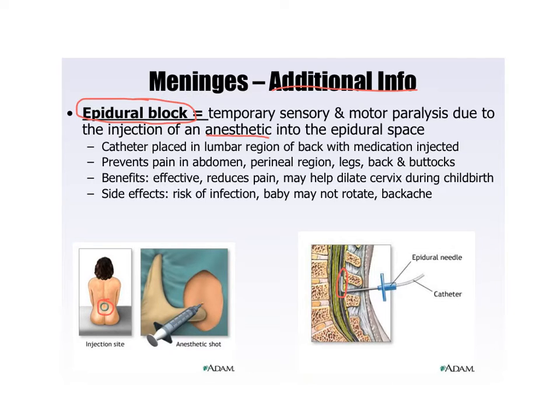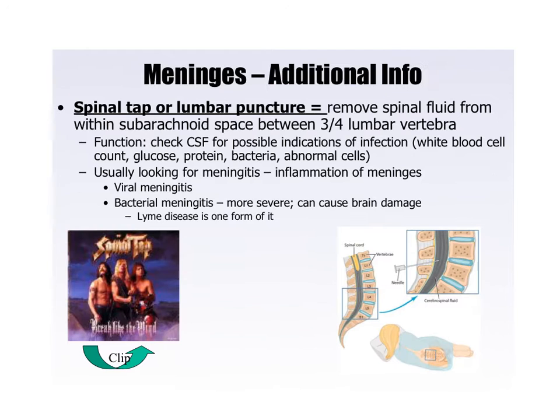And not just the sensory information is stopped or blocked by this anesthetic, but also the motor information is unable to go from the brain down to your legs. So not only do you not feel what's going on below, you're also kind of paralyzed because the motor neurons are also unable to fire their action potentials.